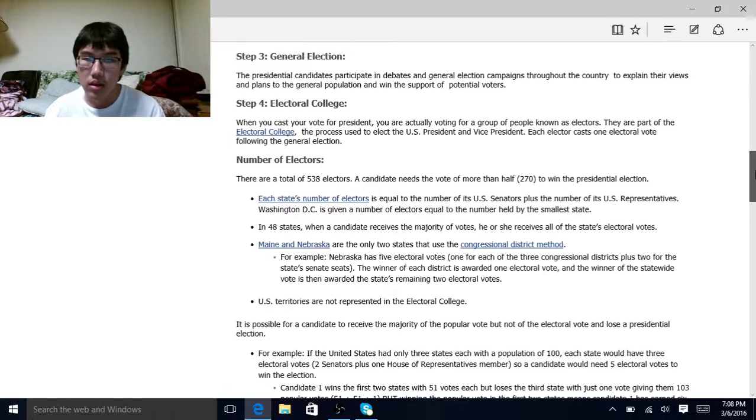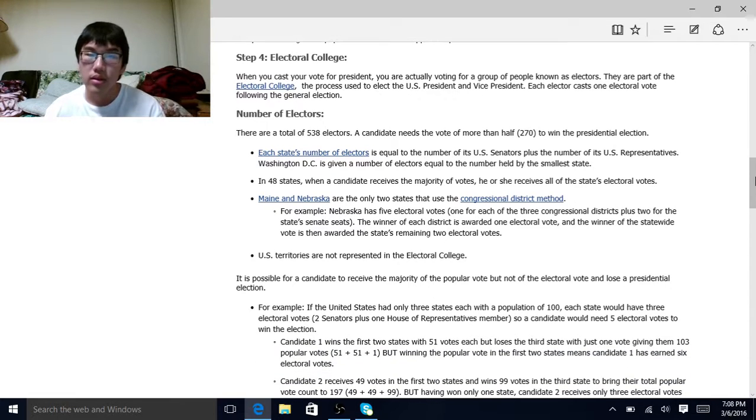So when you vote for someone, you're voting for the people in the Electoral College, and the Electoral College votes for who is president and vice president.